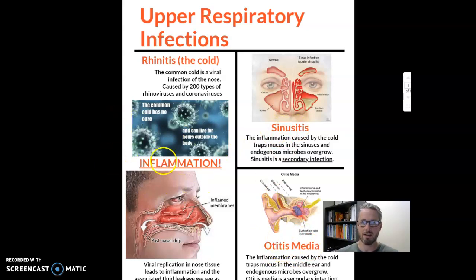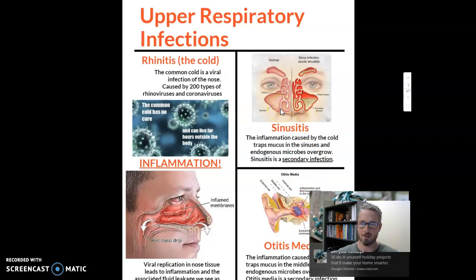Inflammation of the cold causes some small channels in our respiratory tract to swell shut. That traps fluid either in the sinuses or in the middle ear. That fluid is the perfect growth media for the microbes that live there already. They overgrow because there's more habitat for them, and then that's what causes the infection.